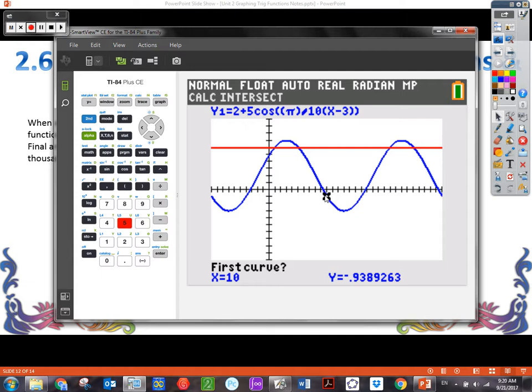We can change the function we're on by toggling up with the up and down arrow. Notice I toggled up, and now I'm on that function. If I keep toggling, I'll be on the other function. You can switch back and forth between equations, and I move faster when I'm on the line, so I usually toggle to the line, and then we'll go over to our first intersection.